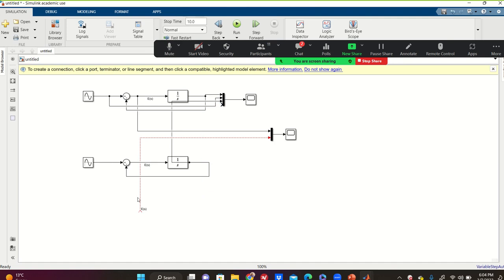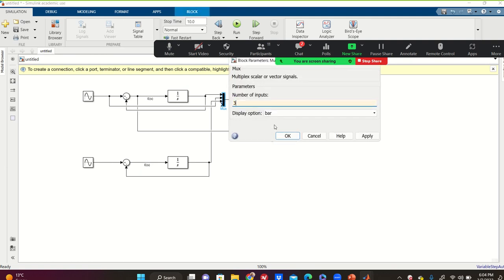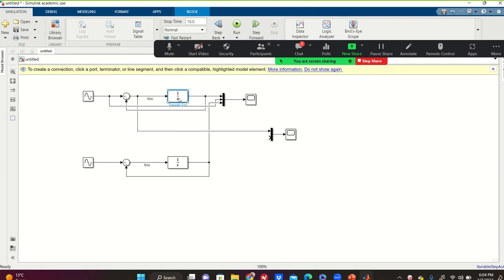I don't want to compare this with this. Because I have 2 of those, I have to change this.